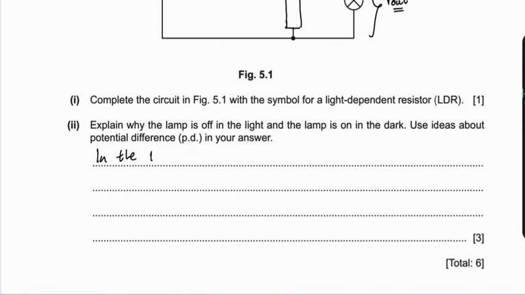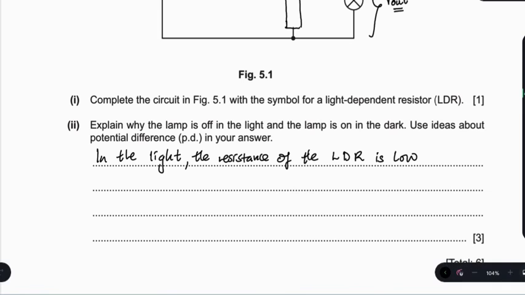So in the light, the resistance of the LDR, right, when we have light, it means we have high intensity. So once we have high intensity there, it means we will have low resistance. So I'm saying in the light, the resistance of the LDR is low.